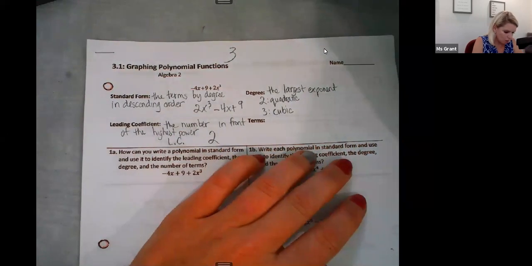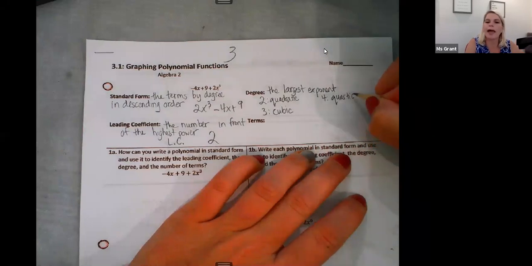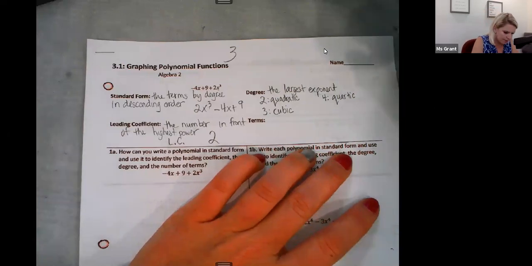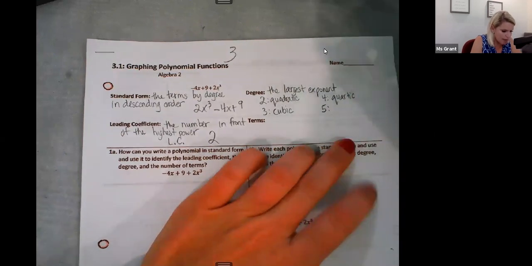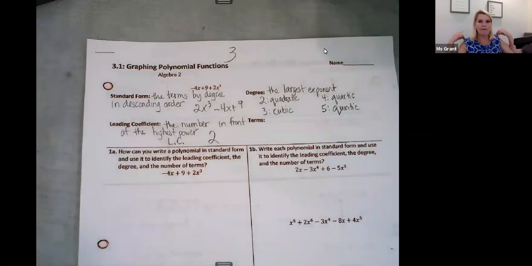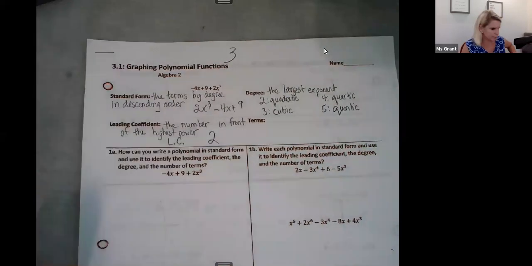If it's a 4, quartic, Q-U-A-R, like quarter, fourths of something, quartic. But you can say, oh, the polynomial is to the quartic degree. And then when you read it, you'd say, 7x to the 4th. And then 5, that degree is called quintic. Q-U-I-N, 5. Like having a woman that has 5 babies at once is like quintuplets, right? Quin, Q-U-I-N. These are all like the root words.